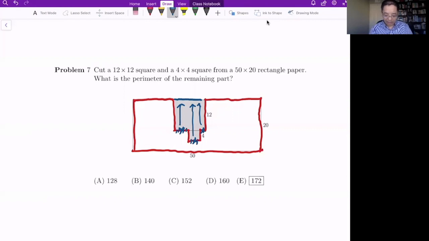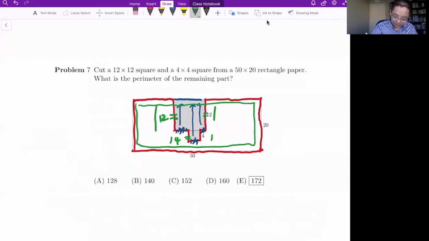Then what remains is this, which is 12, and this is 4. So it basically becomes 12, 12, 4, 4, plus the perimeter of the whole bigger rectangle.